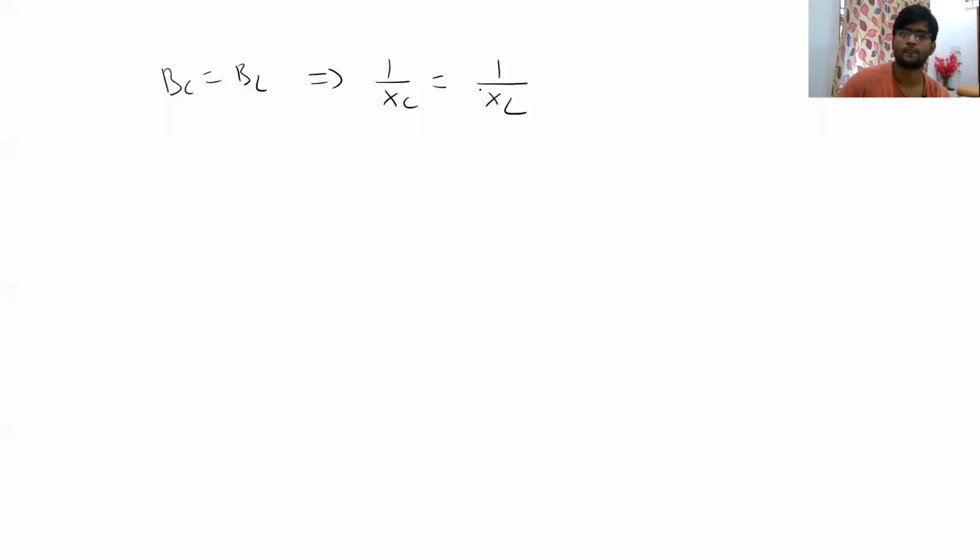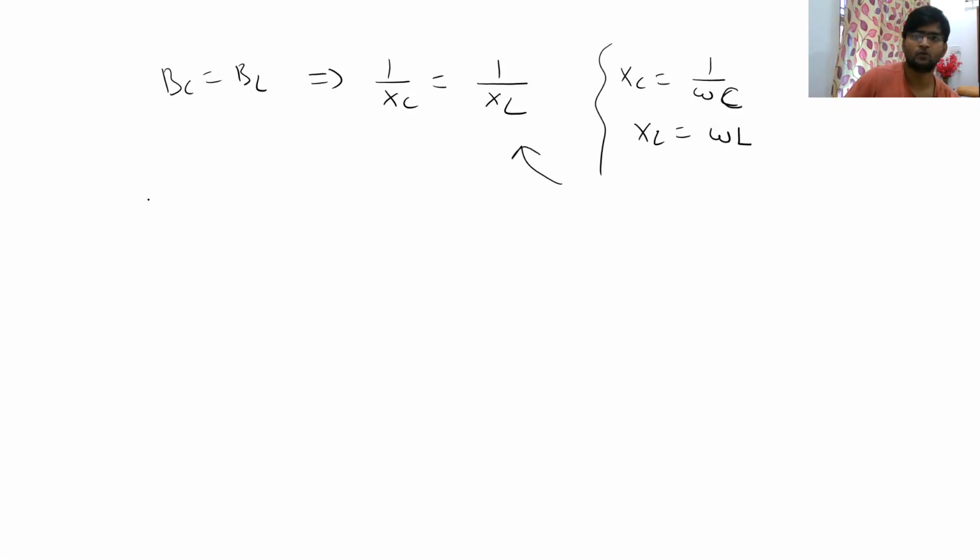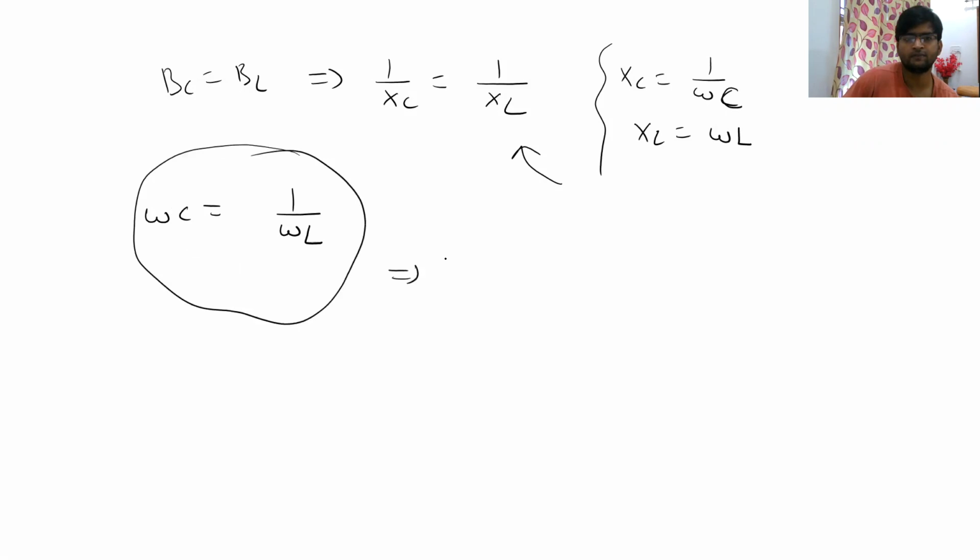Now, you know that XC is equal to 1 upon omega C if we talk about the magnitude, and XL is equal to omega L, right? So let us put this here. So we will get omega C is equal to 1 upon omega L. And if we solve this equation, what we will get is, let me call this omega naught, because we have already assumed it is the resonance condition.